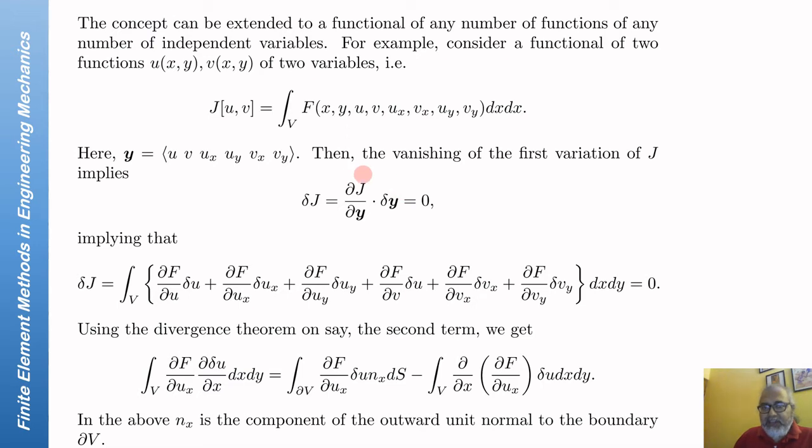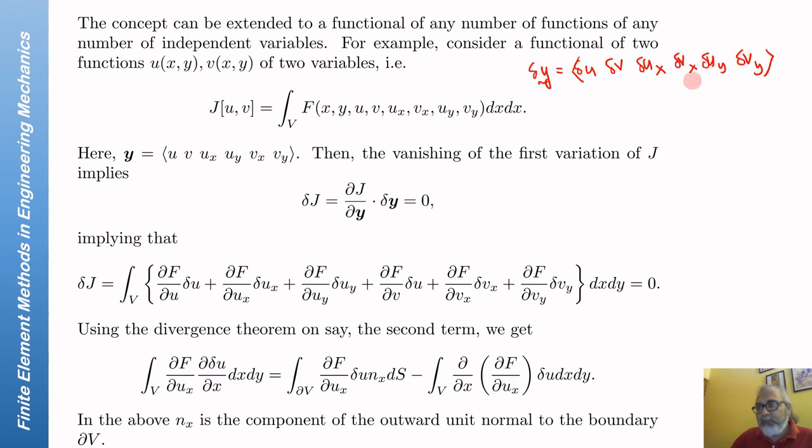I'll now calculate the directional derivative of J in the direction of delta y, where y is the set of these functions u, v, ux, vx, uy, vy, which means delta y is delta of these.